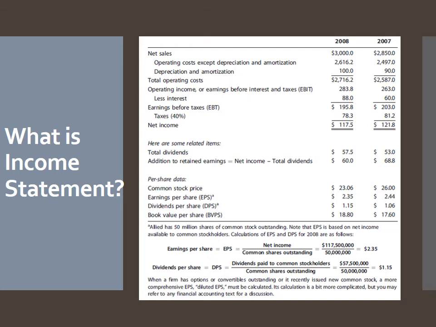The earnings per share is computed by net income over common shares outstanding, and the dividends per share is dividends paid to common stockholders over common shares outstanding. Different firms have different amounts of debt, tax carrybacks and carry forwards, and things like that to be taken care of.